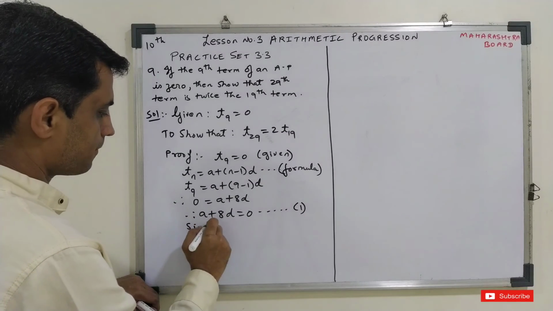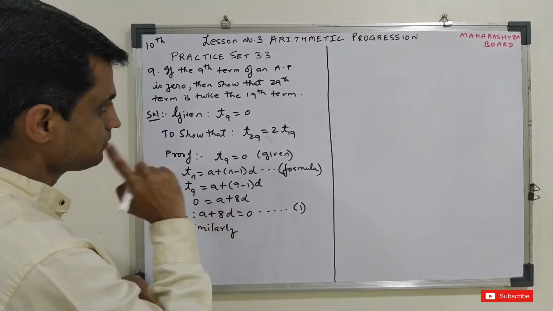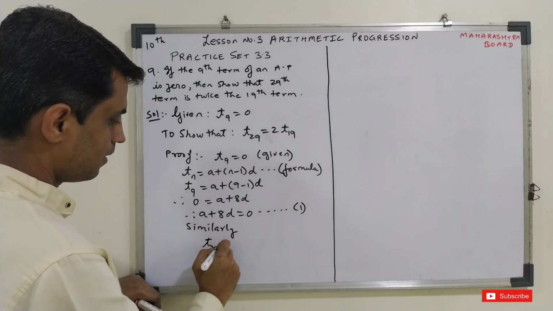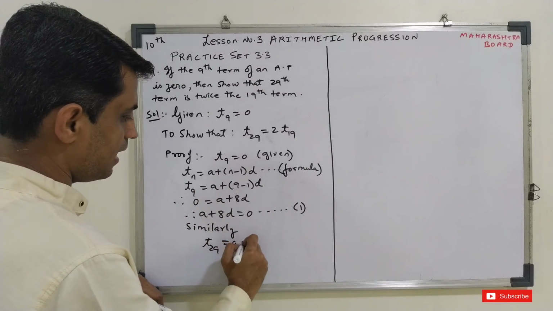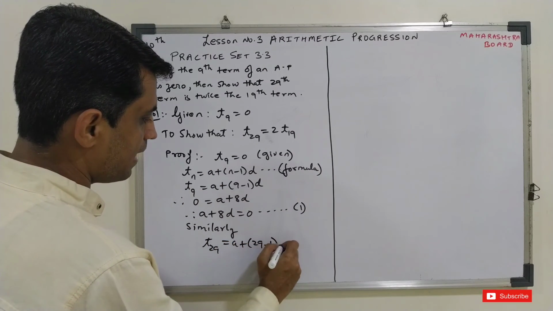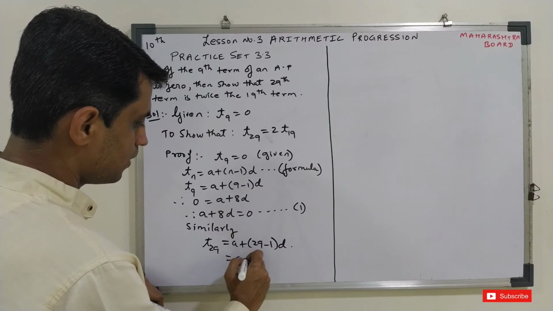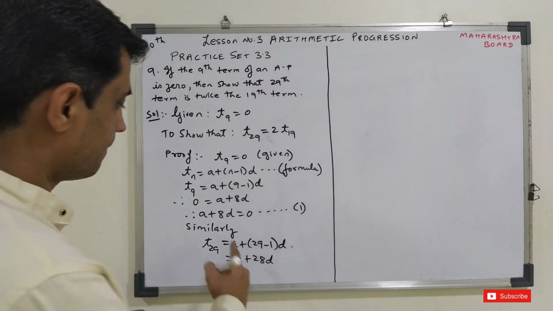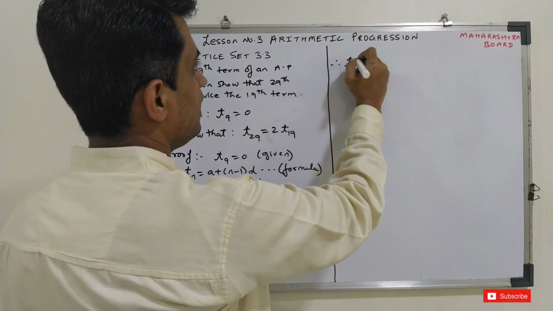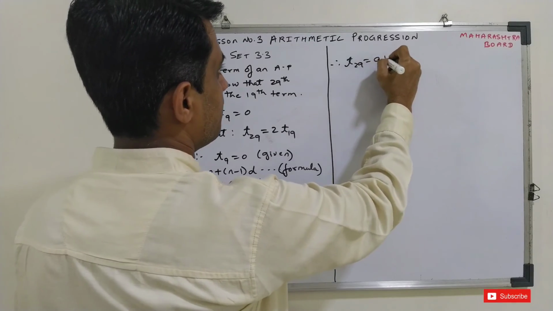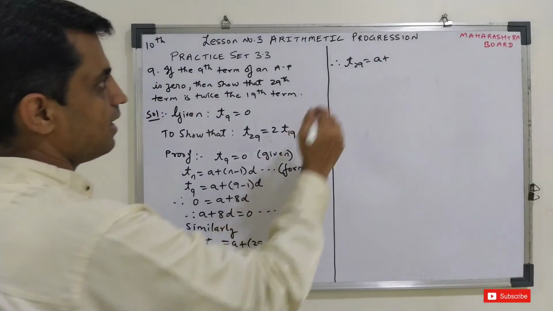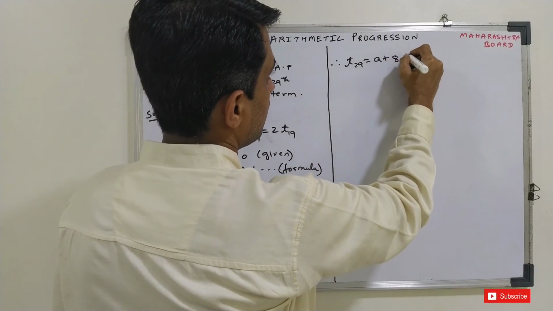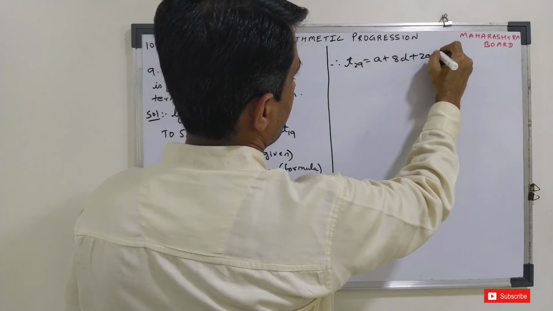Similarly, T29, we are substituting here. T29 is equal to A plus 29 minus 1 into D. So A plus 28D. Now, therefore T29 is equal to A plus 28D. A we already have. 28D we can write 8D plus 20D.